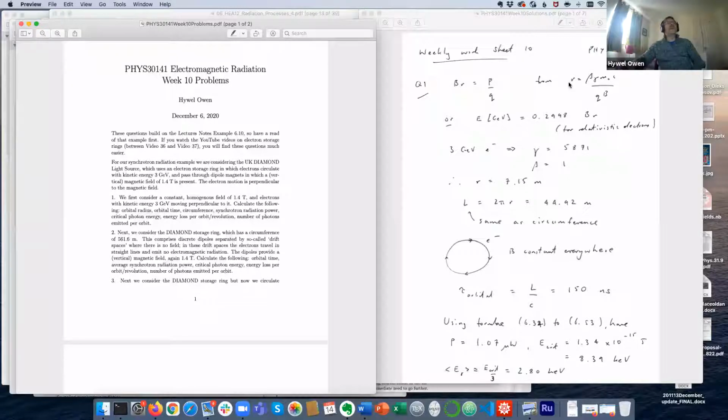The radius of curvature is given by this equation on the right directly, but we can also re-express it in terms of the momentum, p. Remember the momentum p is beta gamma m0 c. And the rigidity Br is the product of the magnetic field and the bending radius, and that's given by the momentum divided by the charge, p over q.